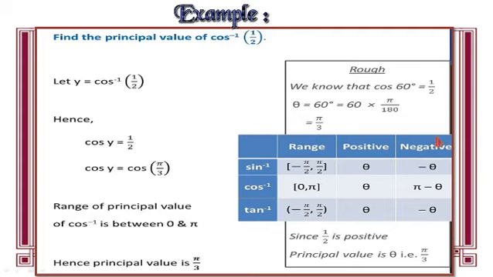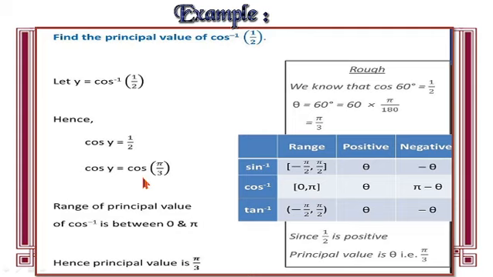Now, this is the table that we have to take help from. The angle given is positive, positive angle and cos inverse. So, pi by 3, look at this principal branch. Is pi by 3 in this branch or not? 0 to pi. Yes, since half is positive, the principal value of theta is pi by 3 because it definitely comes in this interval 0 to pi.